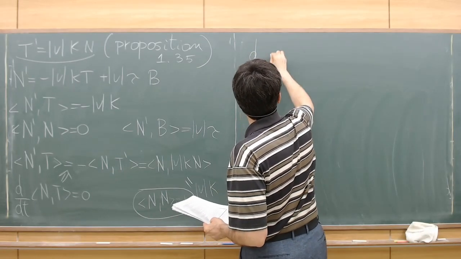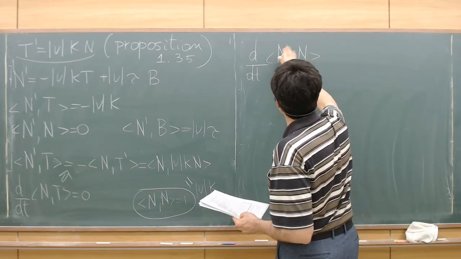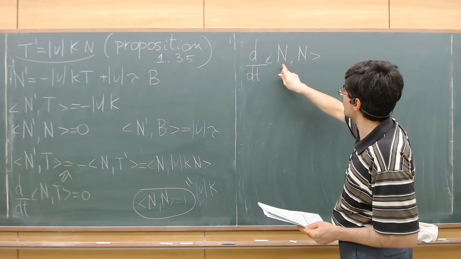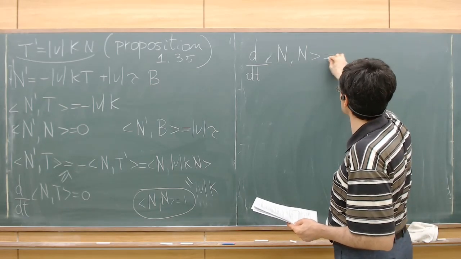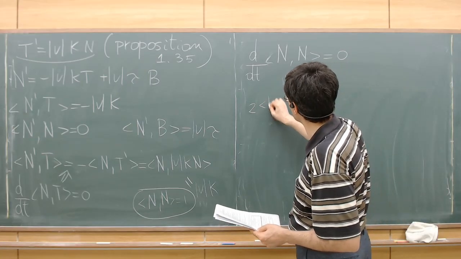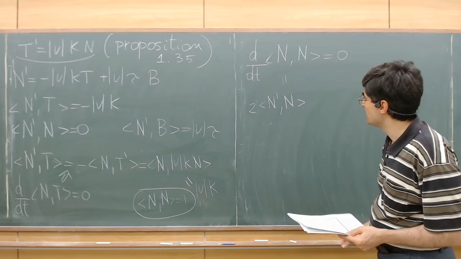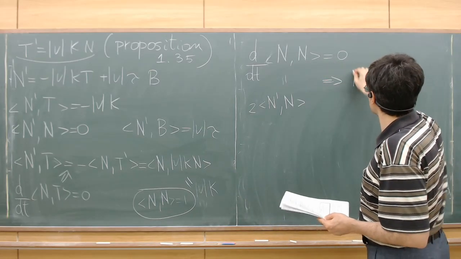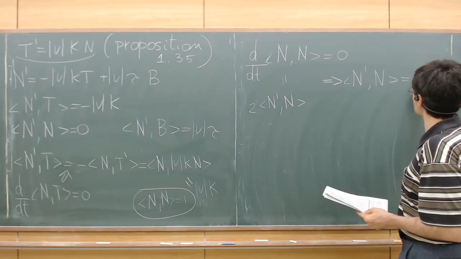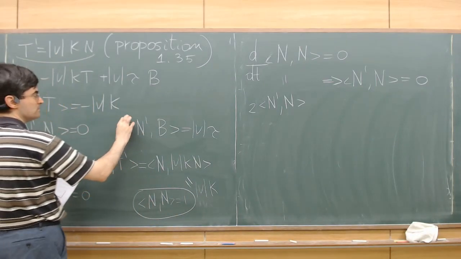The d/dt of the inner product of n with itself is 0, but this is also equal to twice n prime times n. So this says that n prime multiplied with n is 0.